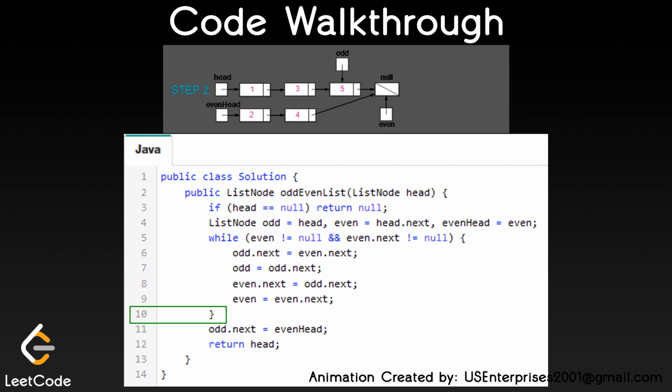Now, let's take a look at what we've created with our while loop by looking at the figure. We can see in the figure that we now have two separate singly linked lists. First is a singly linked list of odd indices with the node head pointing at the head and the node odd pointing at the tail.